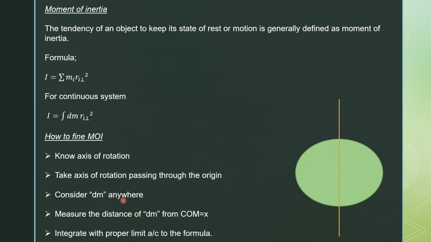Then we will consider a small mass dm anywhere over the object. Then measure the distance of dm from the center of mass, that is considered to be x. So the distance from the center of mass to dm will be x. Then integrate with proper limits according to the formula.